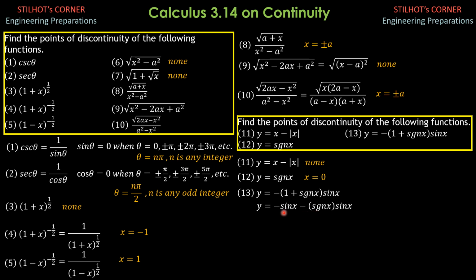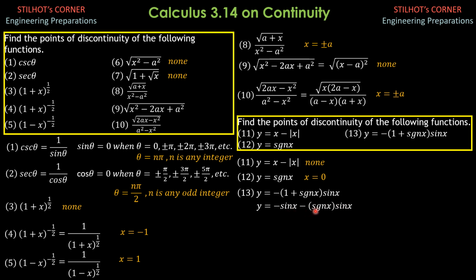This reduces to y equals 0 when x is less than 0, because signum of a negative value is negative 1. So that is negative sine x minus negative 1 of sine x. So that's negative sine x plus sine x, which is 0. So y is 0, and 0 is a defined value. And when x is 0, the whole expression would also be 0.